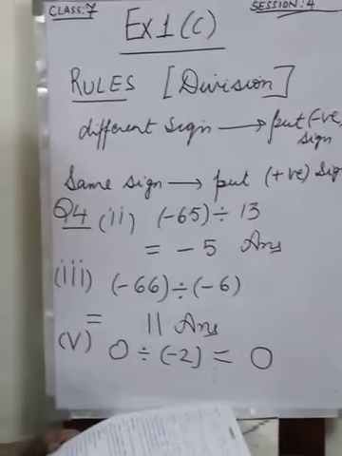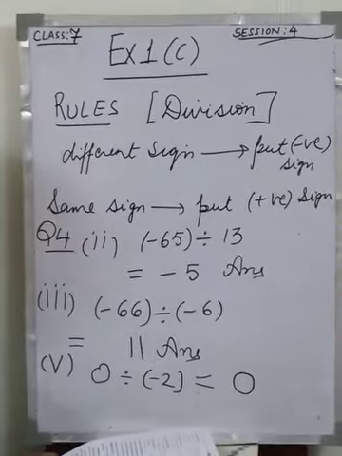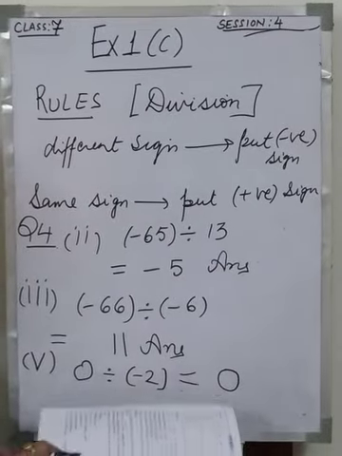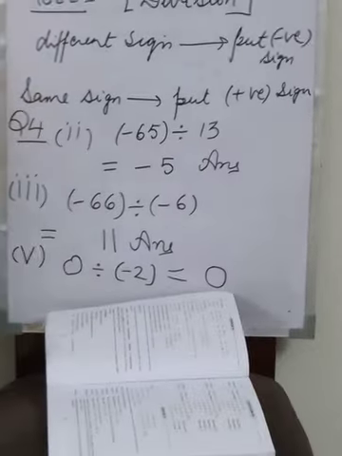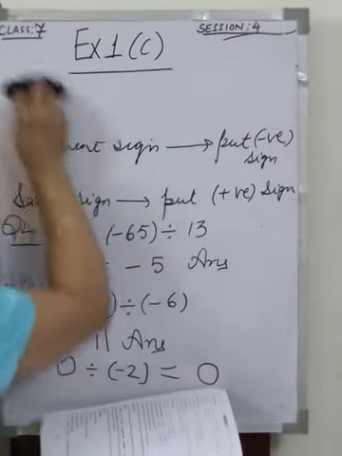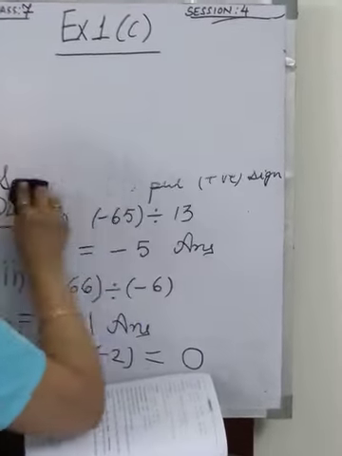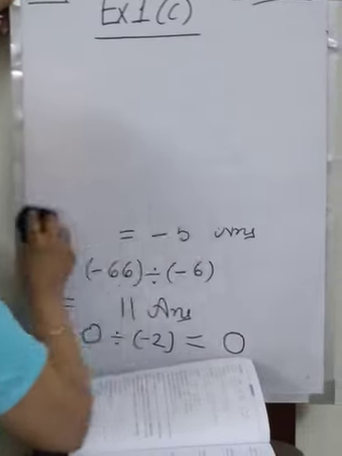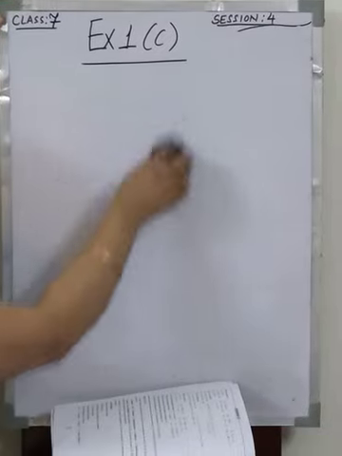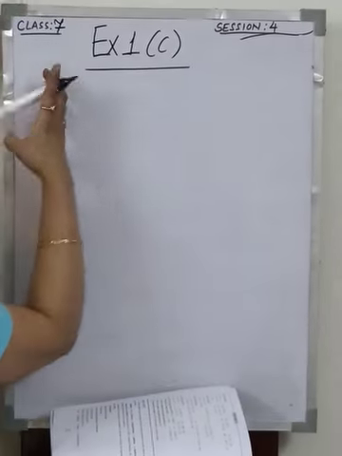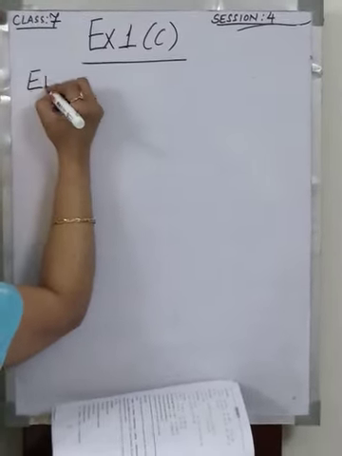Question number 5, they are saying write all even integers. What do you understand by even? Even numbers are those numbers which are divisible by 2. First I discuss about the even numbers. What are even numbers?